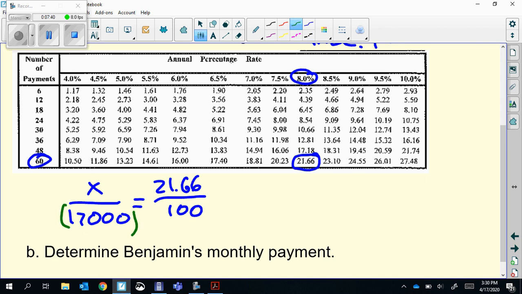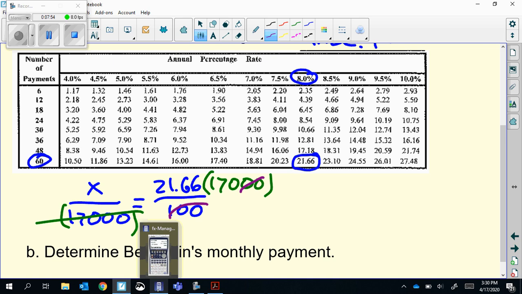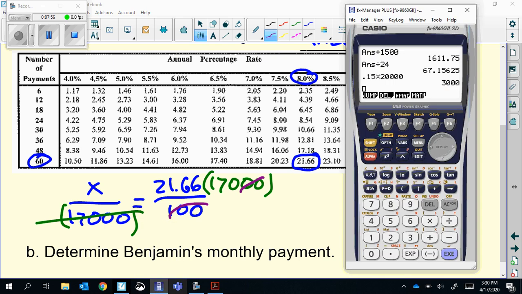So if you just want to take this 17,000 and multiply it over, that works. And then saving some button presses, this 100 is just going to cancel 2 zeros. So we don't have as many buttons to push. It's 170 times 21.66 from our table.